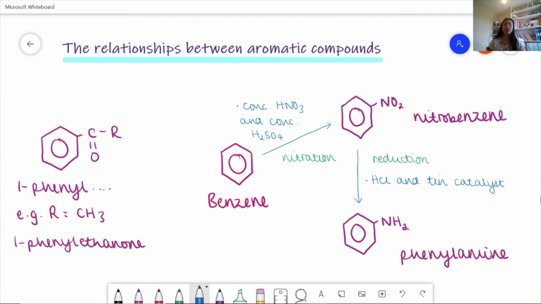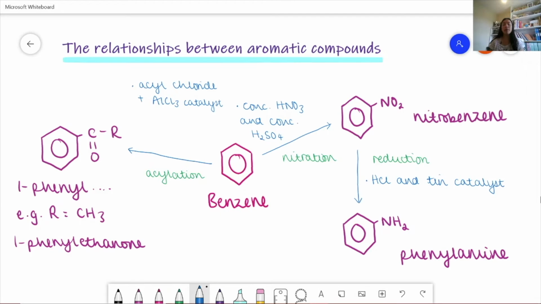And now finally the reaction to form this aromatic ketone or this acyl substituted benzene. This is an acylation reaction. So what we need is we either need an acyl chloride and an aluminium chloride catalyst.